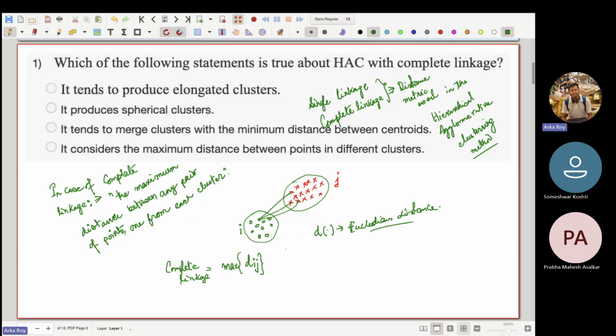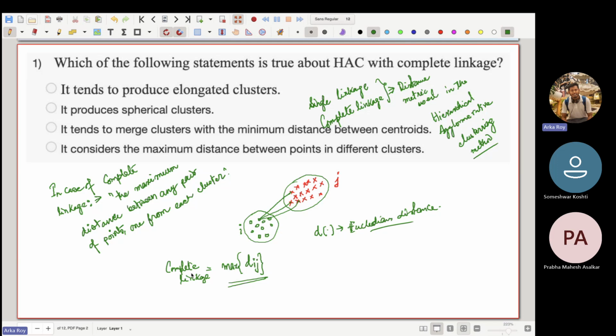Then from all the distance values calculated between these two groups, you take the maximum, which is nothing but the complete linkage of the HSC method.